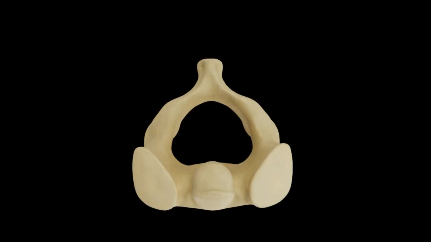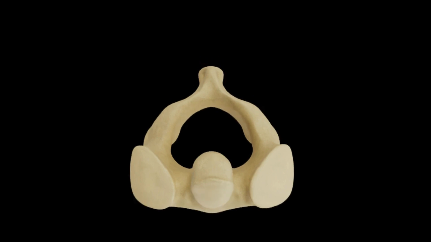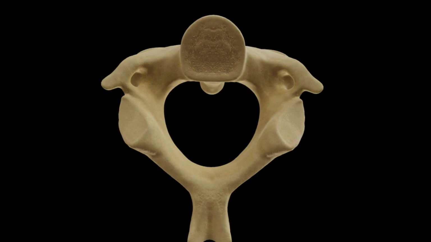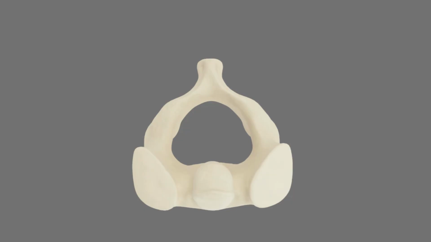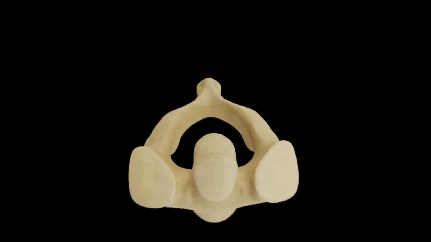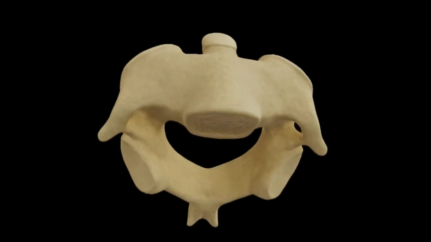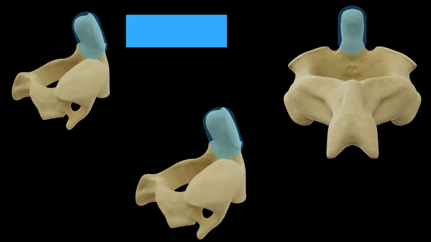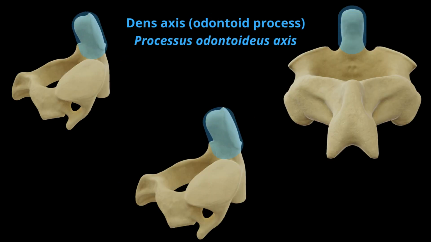C2 axis. The axis, also known as the epistrophe, is the second cervical vertebra, C2, which has some similarities to a typical cervical vertebra, but is classified as an atypical vertebra due to its unique characteristics. The prominent superior projection known as the dens axis or odontoid process is its most distinctive feature.